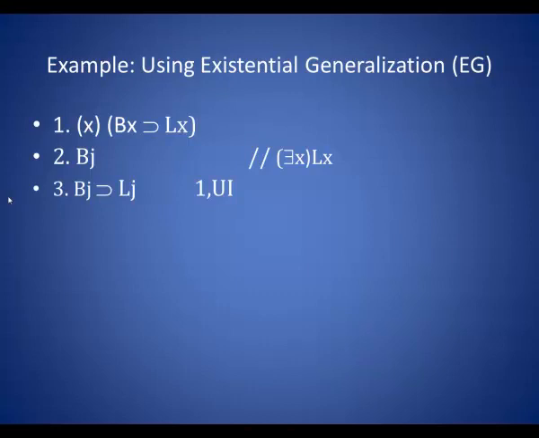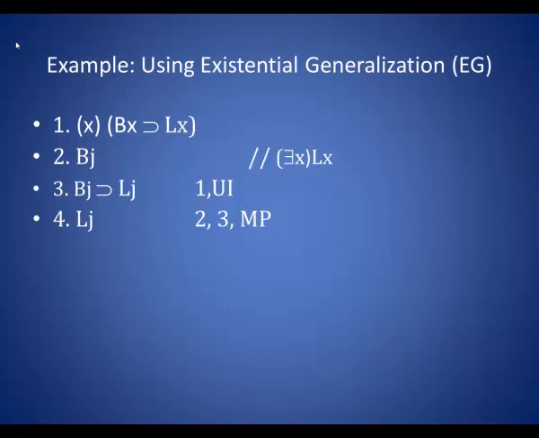Since on line 2 I have the constant j, it makes sense for me to replace my bound variables, which are the variables attached to the b and the l, my x's, with the constant j, so that I can then perform modus ponens using my rules of implication, which is what we'll do.